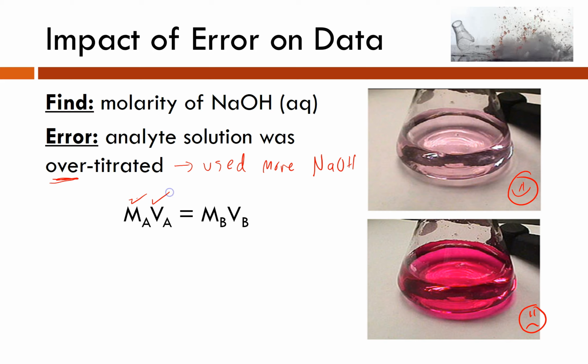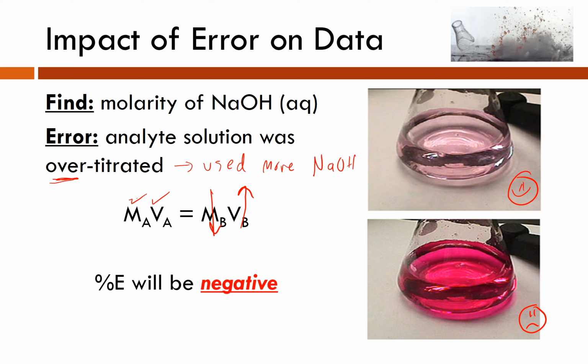These are going to remain constant, the molarity of the acid and the volume of the acid. The volume of the base is going to be higher than it's supposed to be. So what's going to happen to the molarity of the base that we calculate? That's going to end up being lower than it is in reality. Therefore, percent error is going to be negative.